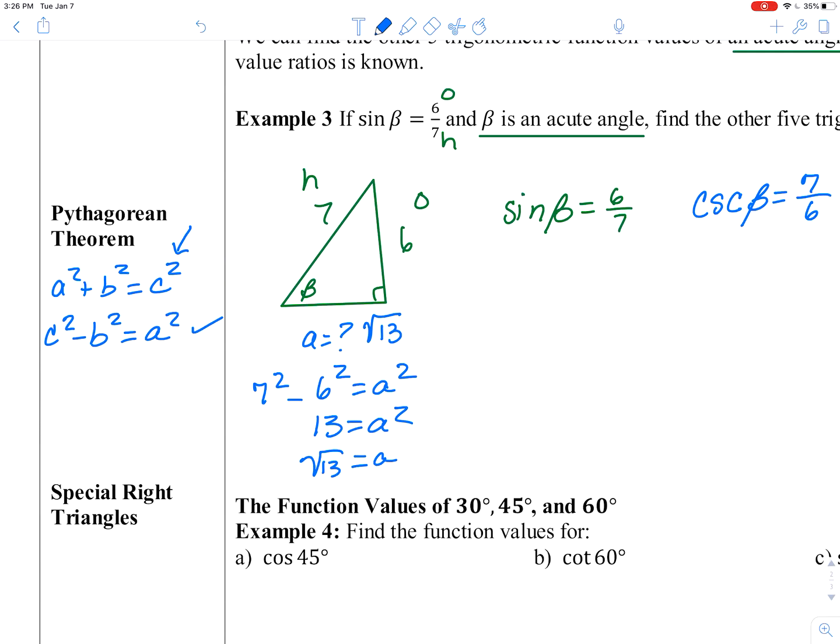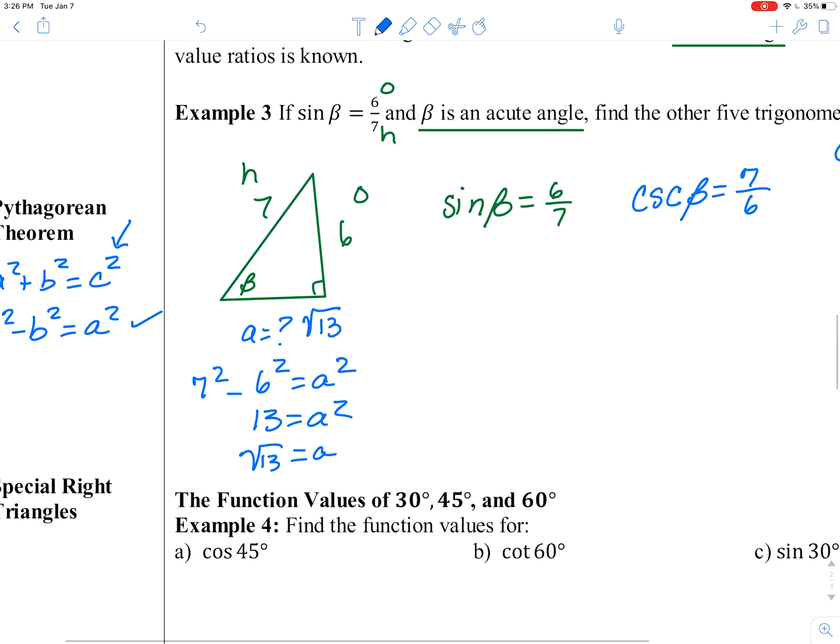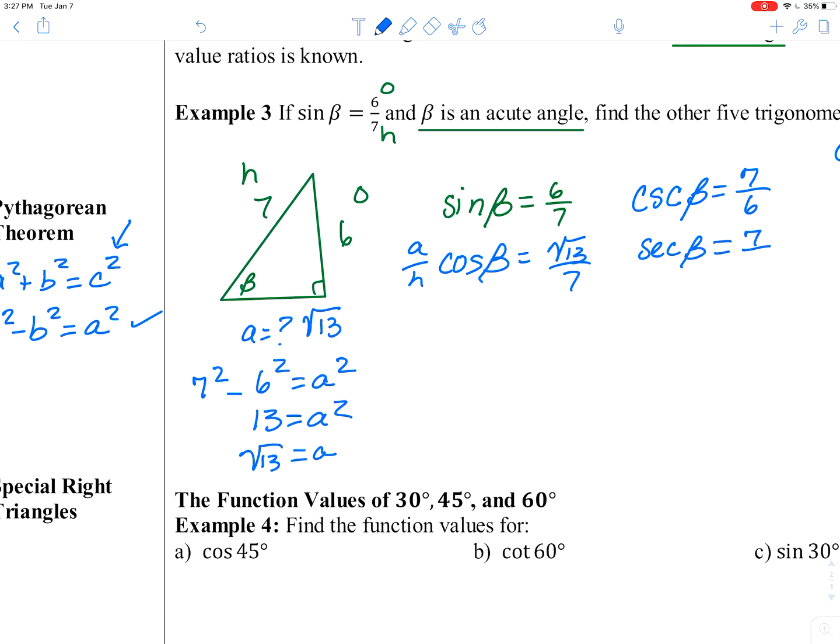And so now I have that value as well, which means I can go ahead and finish out the other 4 trig values. So cosine of beta, which is a over h, is going to be the square root of 13 over 7, which leads me to the secant of beta, which is the reciprocal of that, which is 7 over the square root of 13.